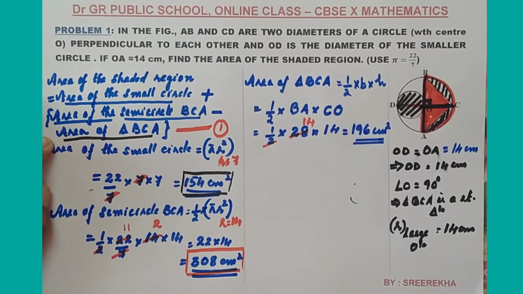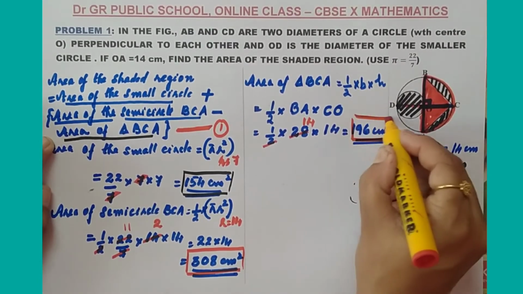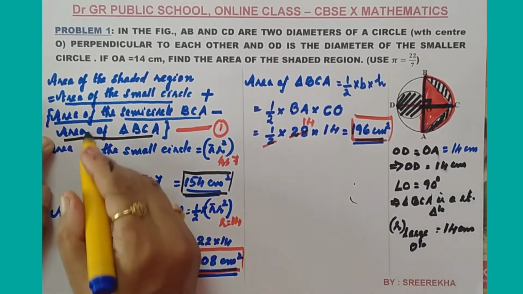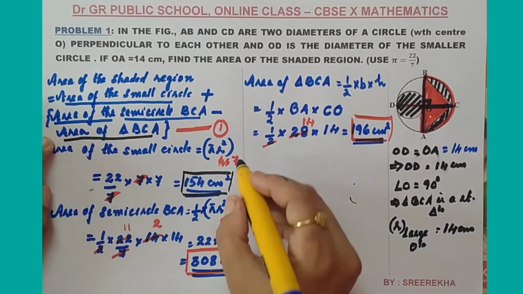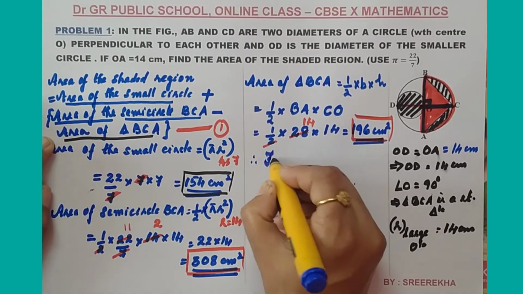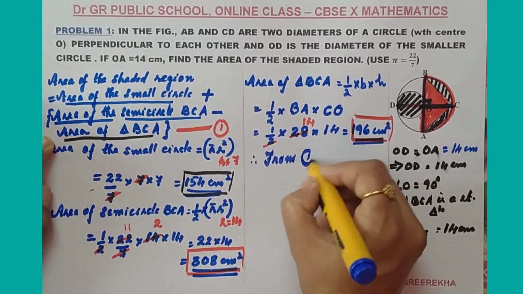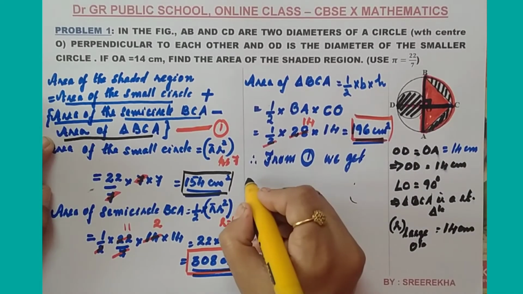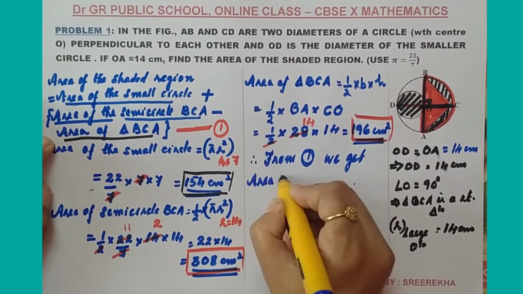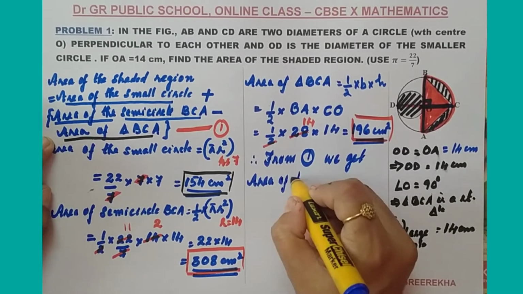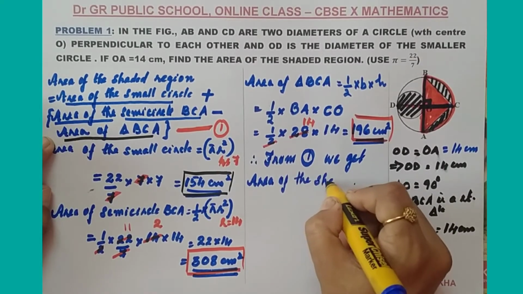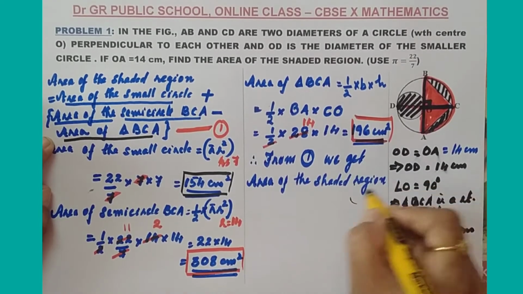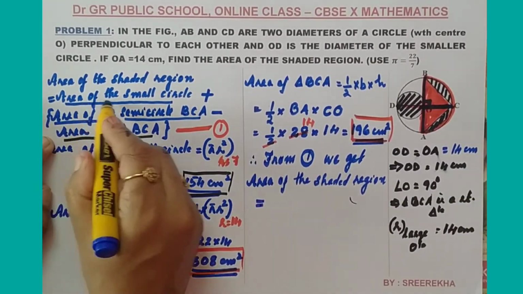Thus, we got the 3 areas separately. 196 is the third area. Now I am going to substitute all these values in equation 1. Therefore, from equation 1, we get the area of the shaded region equals the area of the small circle.